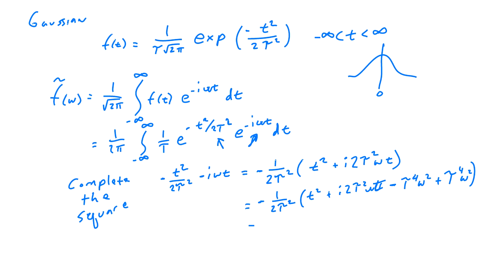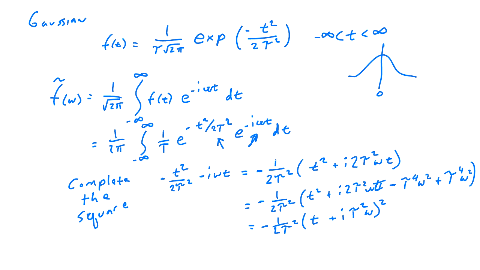So I can think of this as minus 1 over 2 tau squared, and then I take these three terms, and that's just going to be t plus i tau squared omega, squared.